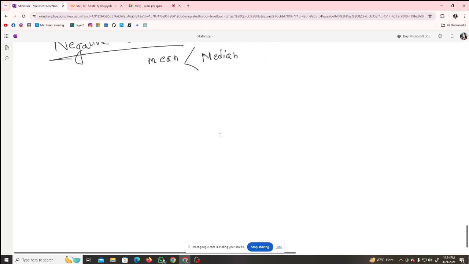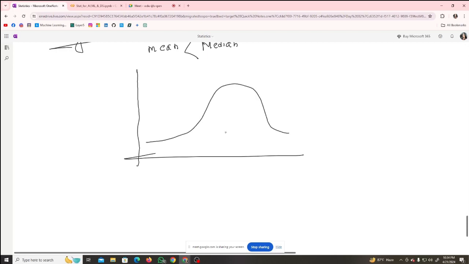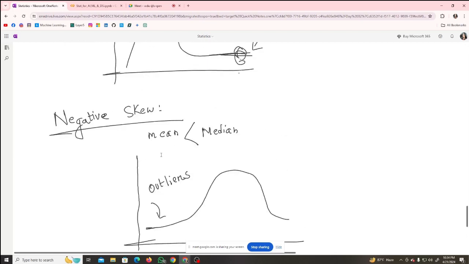So your distribution will look like some sort of this. Your left side will be very stretched out. And by this you will understand that most of your outliers are situated here. This is your negative skew.